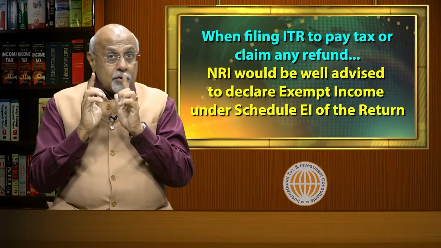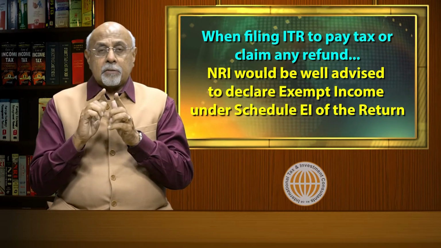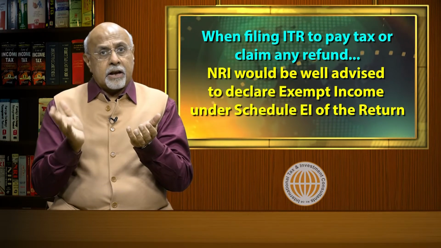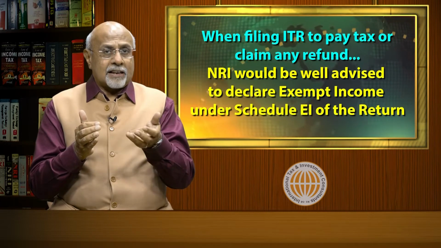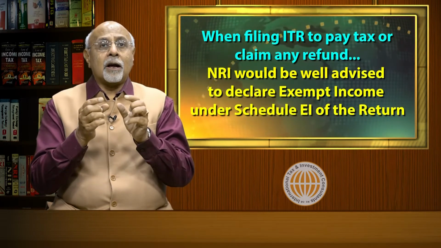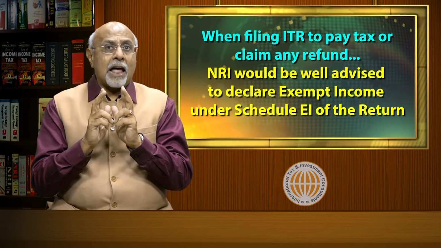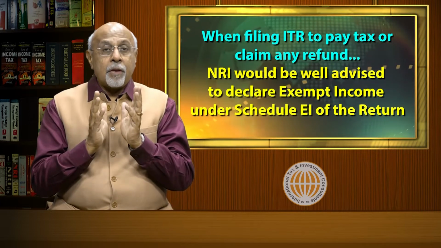Okay. Now, when you are filing your tax return, suppose you have NRO interest and you also have NRE and FCNR interest. The NRO interest, you would show as taxable. You would compute your tax liability at the appropriate rate of tax, and claim a refund if you have to do so.